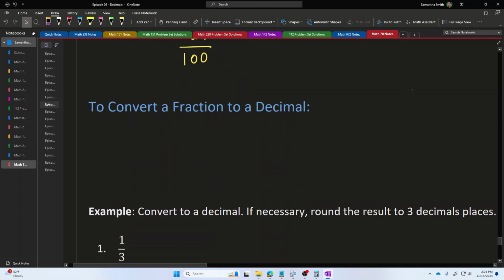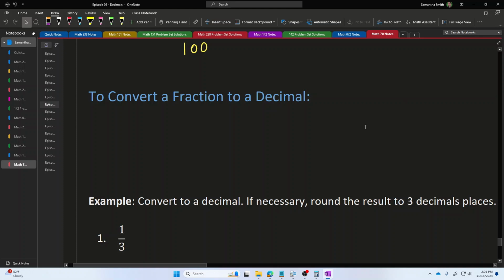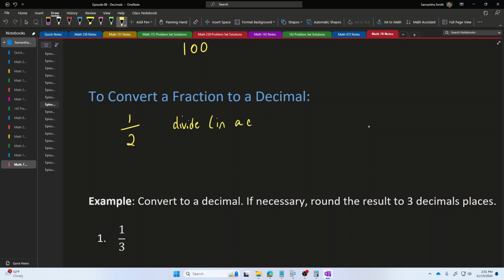Fortunately, in my opinion, converting a fraction to a decimal is even easier than converting a decimal to a fraction. If I wanted to convert, for example, the fraction 1/2 to a decimal, all I have to do is divide, for example, in a calculator, the numerator by the denominator.